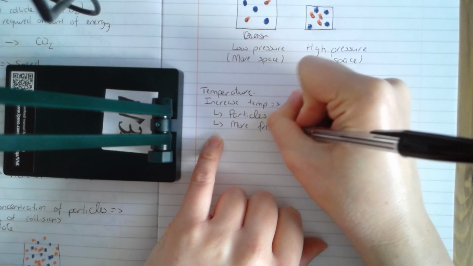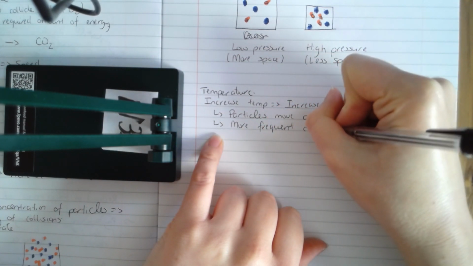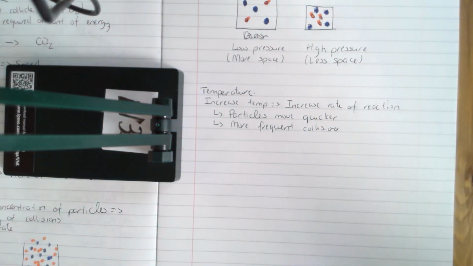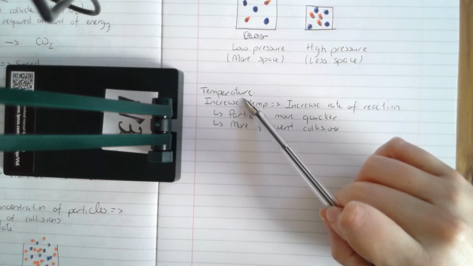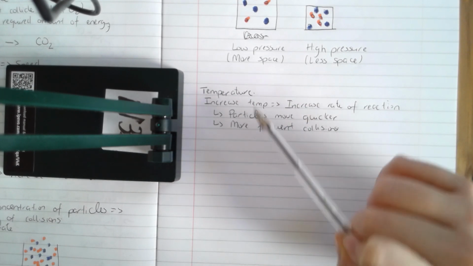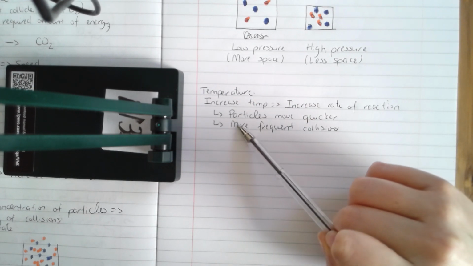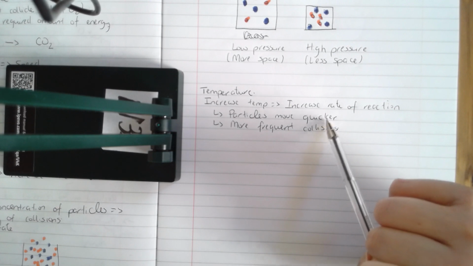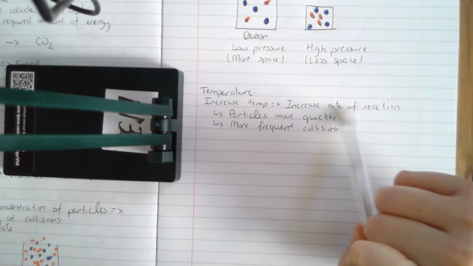It will be the equivalent of me telling you all to stand up and run around N32. If you were walking around N32, you should be able to avoid each other. If you're all running as fast as you can, you are going to collide. So increase the temperature, the particles will move a lot quicker. If they're moving quicker, they are more likely to collide. And remember, anything that gives you more frequent collisions is going to give you a quicker rate of reaction.